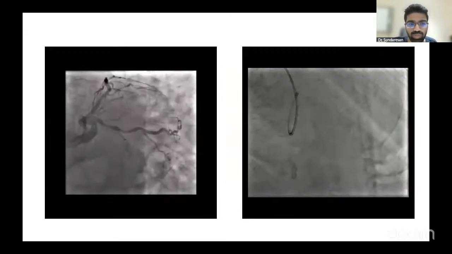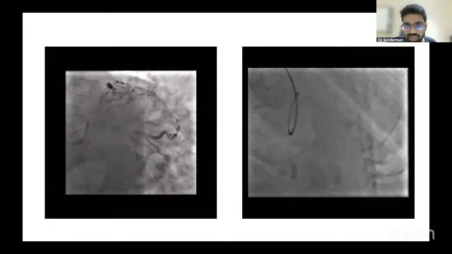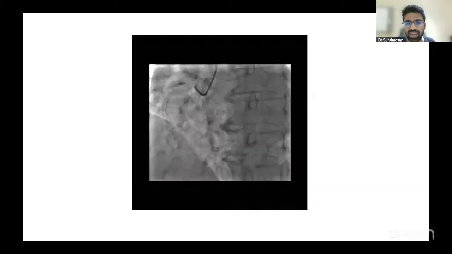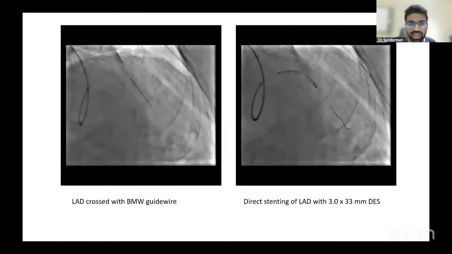The angiogram revealed significant disease in the LCX territory and LAD as well. And the RCA stent, which was placed in 2014, was patent. So next, we decided to stent LAD first, followed by LCX.